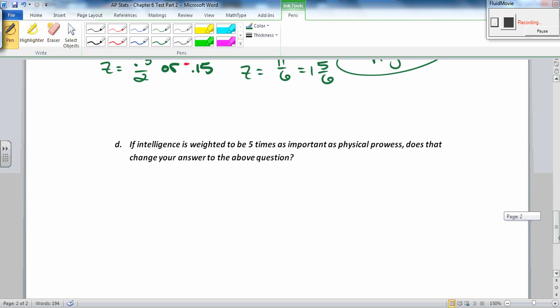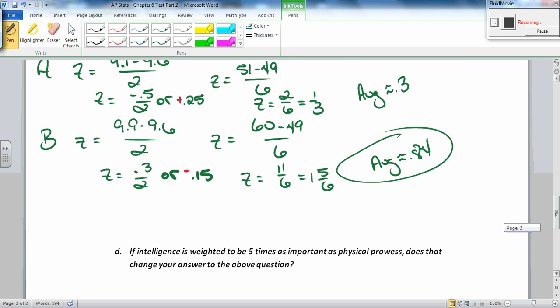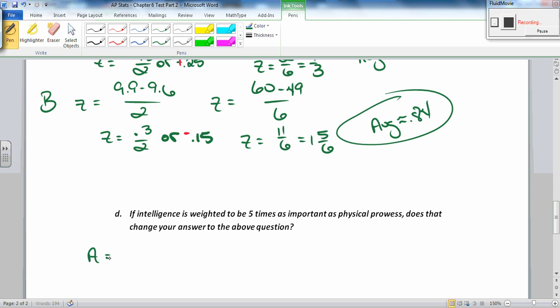Now what they ask us in Part D, they say if intelligence is weighted to be 5 times as important as physical prowess, does that change your answer to the above question? So what they're saying is that intelligence counts 5 times, where physical prowess only counts once. So if we look at candidate A, we have the intelligence of 0.25 counting 5 times.